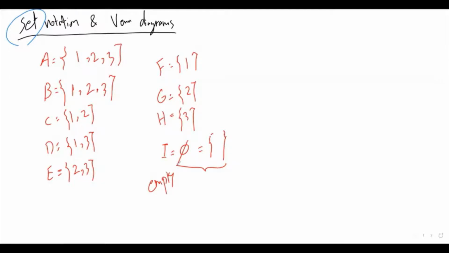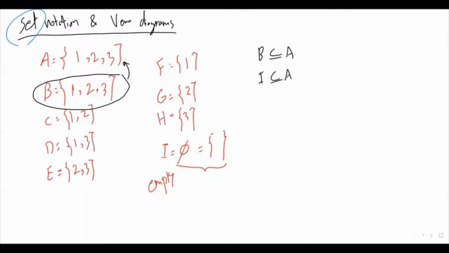Okay. Also, a set which has all the elements as another set is considered to be a subset of that set as well. So you can say B is actually a subset of A. You can also say I is a subset of A, right?